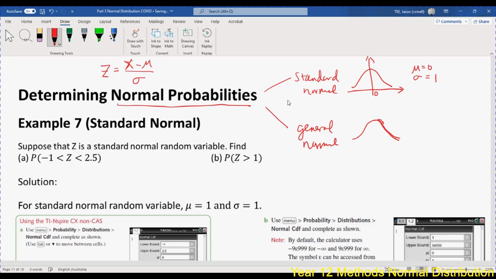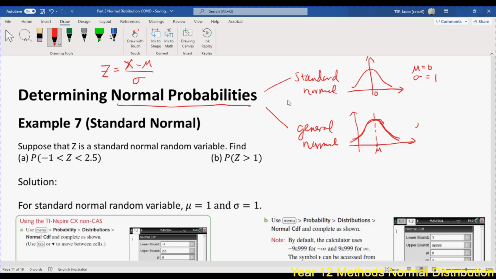For the general normal, it's sometimes tricky to draw on a mouse, sorry. For a general normal distribution, we don't really know where the central point mu is, and you also don't know how large the standard deviation is.